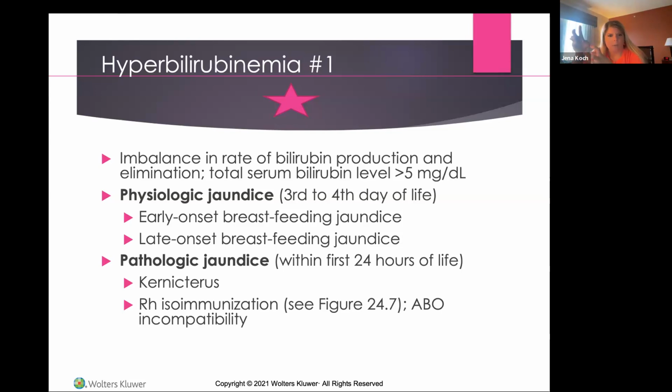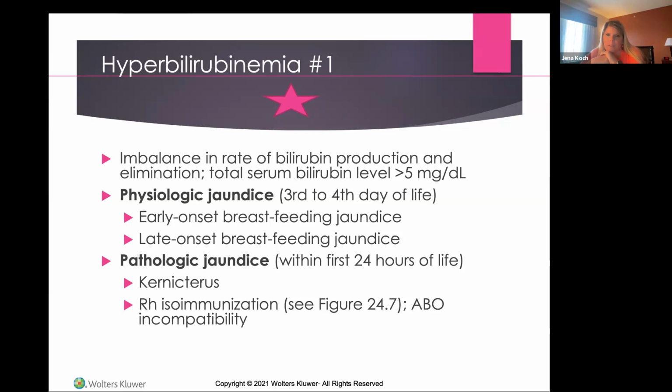They would just do a visual check and say, oh, you don't look yellow, you can go home, or oh, you look a little yellow, put them in front of the window. What was happening was that the jaundice levels were so high that it was causing irreversible severe brain damage, kernicterus. So now they've implemented checking bilirubin at 12 hours, 24 hours, and again at the follow-up after discharge for the newborn.